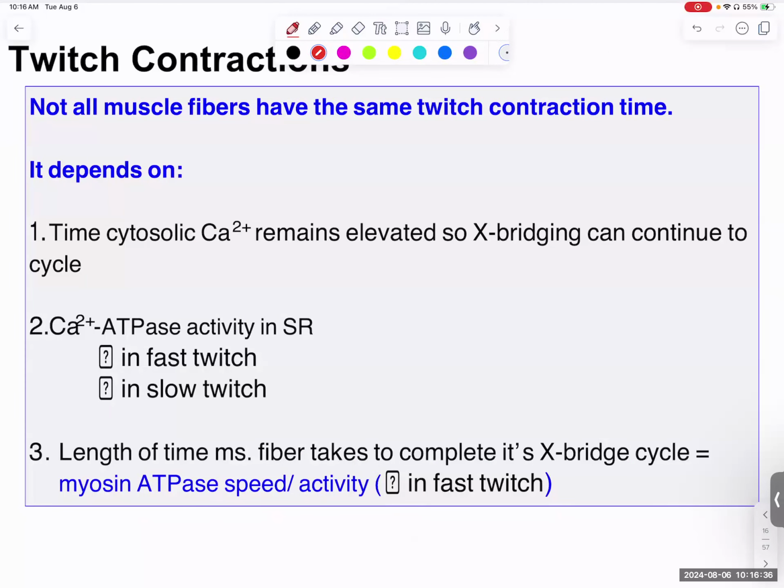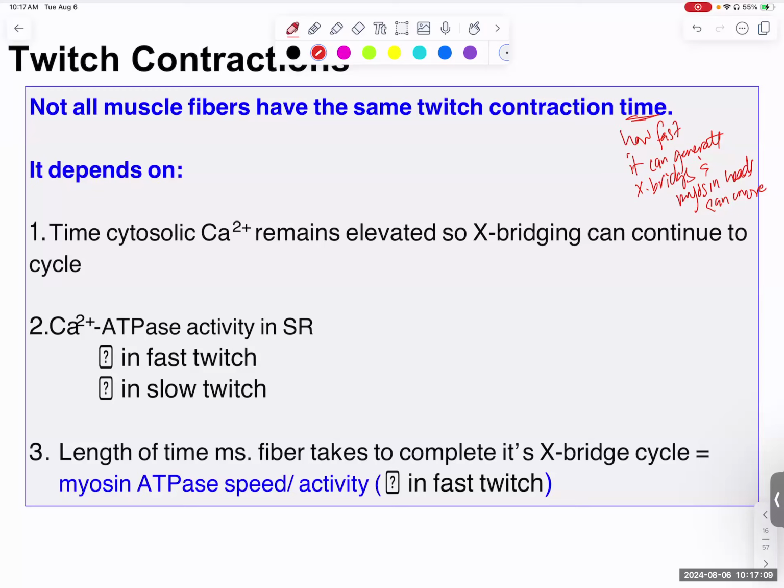So twitch contractions, not all muscle fibers have the same twitch time, meaning how fast they can generate cross bridges and myosin heads can move. So different muscle fibers have different ability to generate cross bridges and to make the myosin heads move.